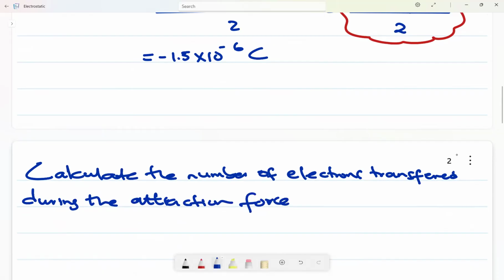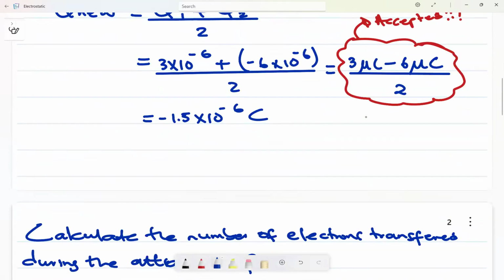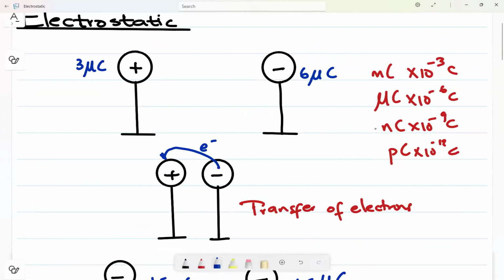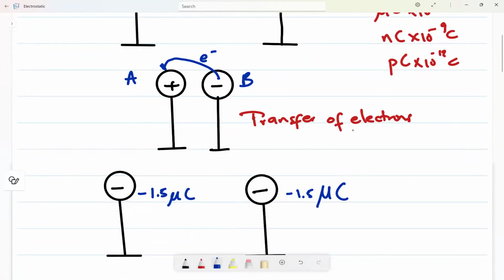So now we want to calculate the number of electrons transferred. Now, remember, electrons were transferred from, I need to name these A, B. Remember, electrons were transferred from B to A.